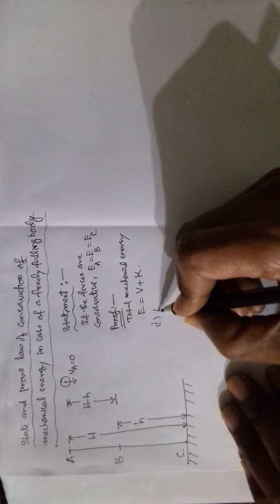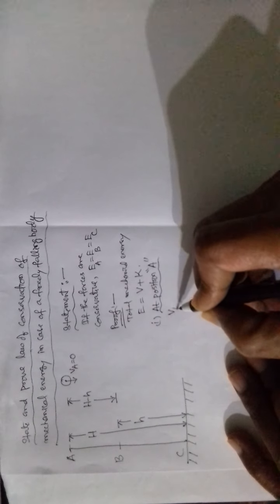Now let us select position A. At position A, potential energy is mgH, as position A is at a height of capital H from the ground, and kinetic energy is half m VA square, but here you are dropping the body, therefore it is zero.